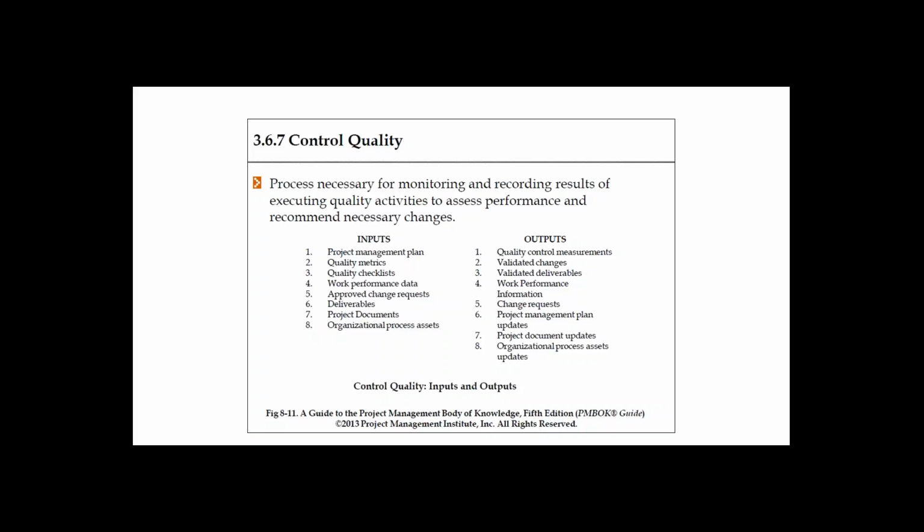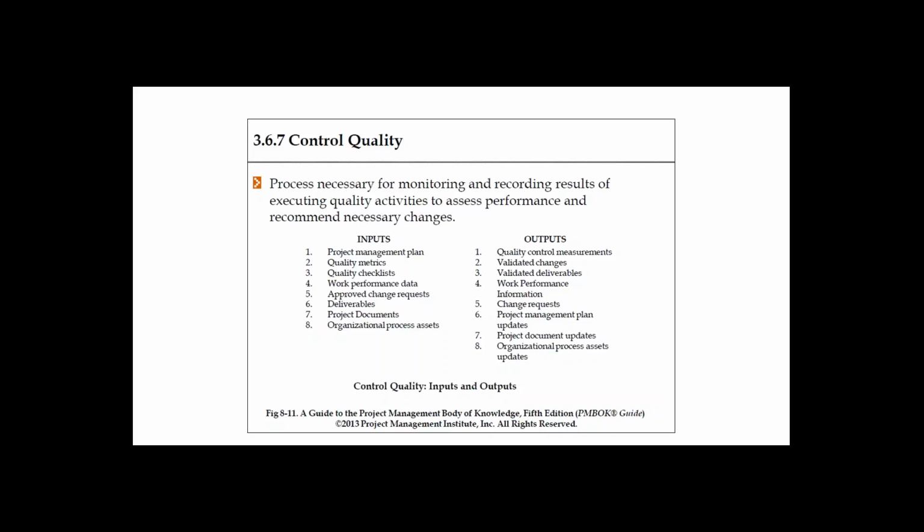So in the plan quality management, you will come up with the quality metrics we need to use. You document all the quality metrics, like number of defects, percentage of defects versus number of lines of code, 10 defects per 10,000 lines of code, or defect leakage from one phase to another phase.